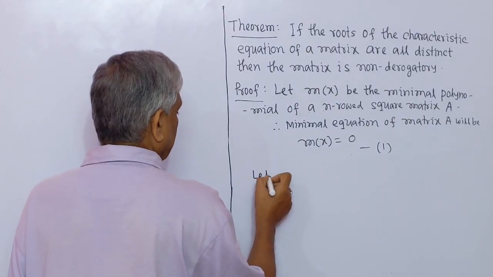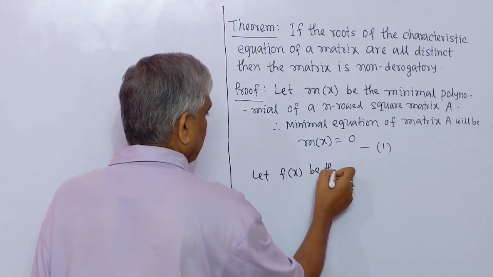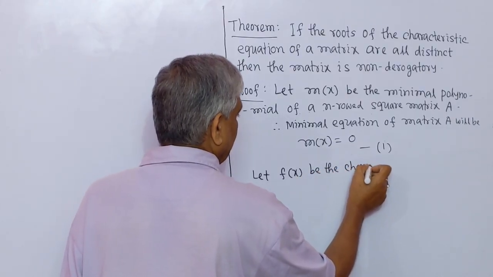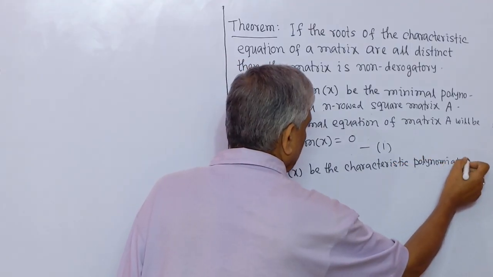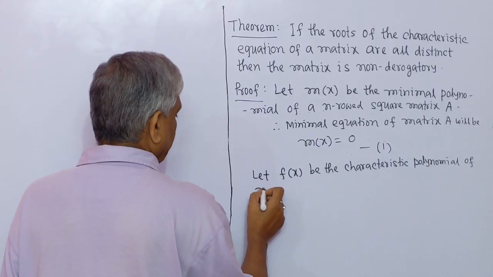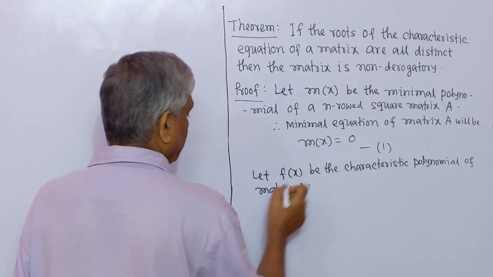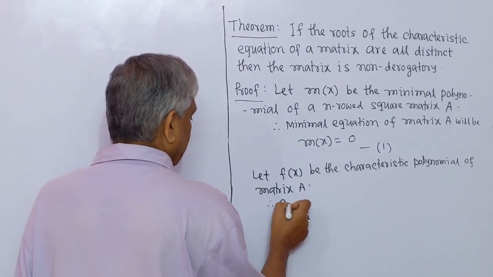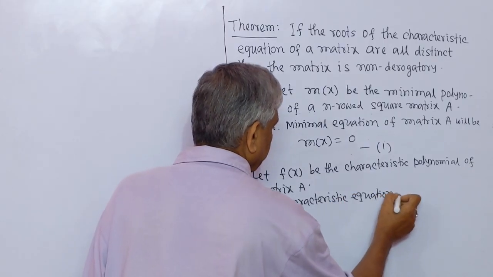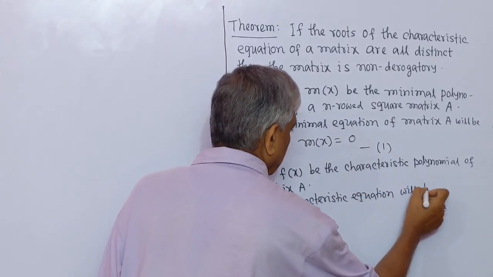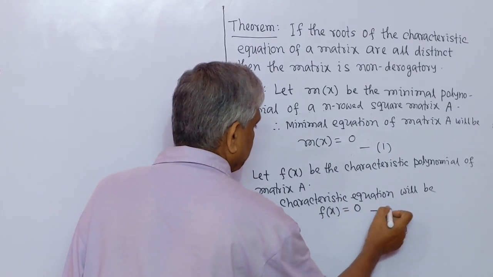Let f(x) be the characteristic polynomial of matrix A. Therefore, characteristic equation will be f(x) equal to 0. This is number 2.